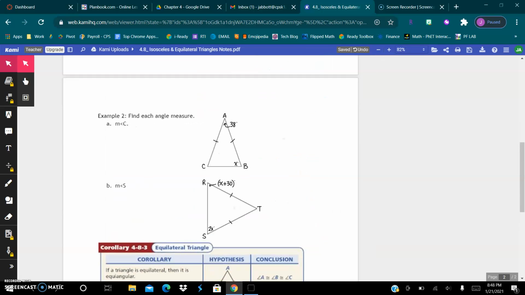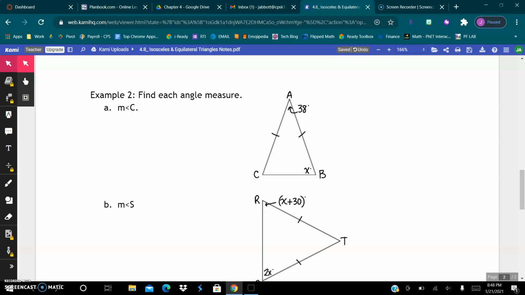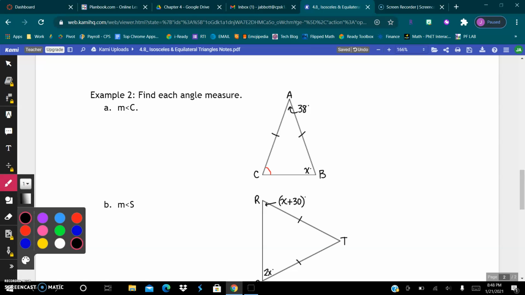All right, so for example 2 here, we're given a triangle with some measurements, and it says find each angle measure. So we have to find the measure of angle C here. Now, the two legs are congruent, so this is an isosceles triangle. We know that top angle there, A, is 38. So we are going to do 180 minus 38, which gives us 142.